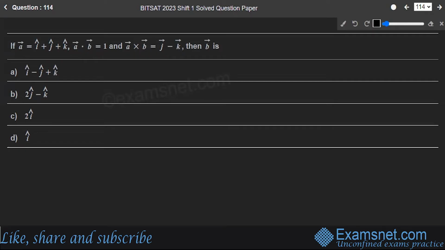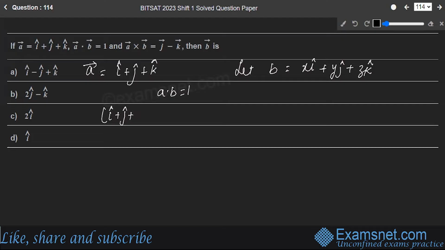Let's say B vector is equal to xi, yj, and zk. You are given that the dot product of the two vectors is equal to 1. That means (i plus j plus k) dot (xi plus yj plus zk) is equal to 1. So the dot product gives you x plus y plus z is equal to 1.